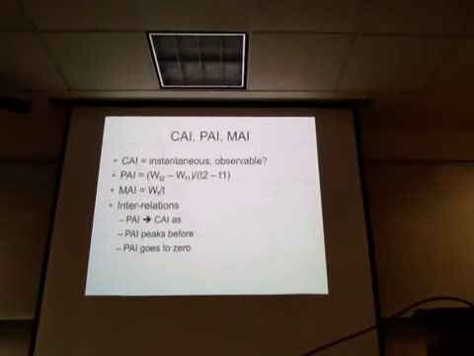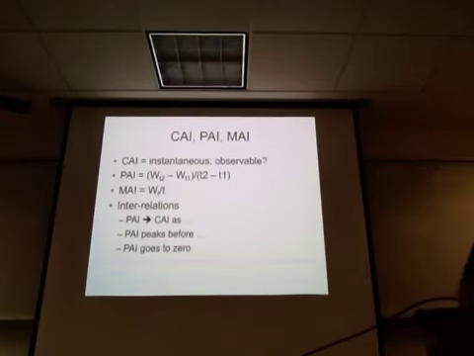Periodic annual increment will peak before mean annual increment. And then, from that, current annual increment will also peak before mean annual increment. What do I mean by before? I mean earlier in the life of the individual.